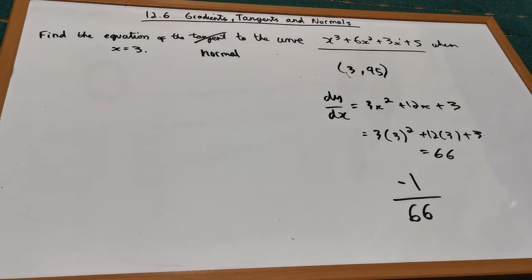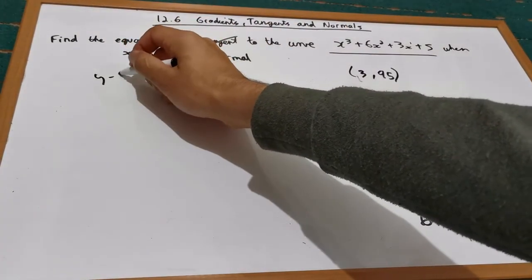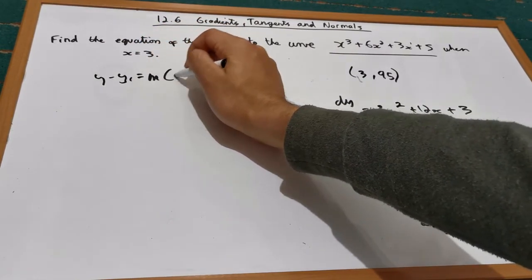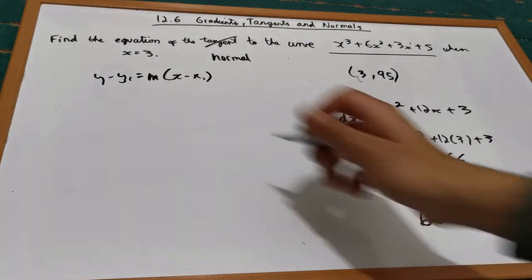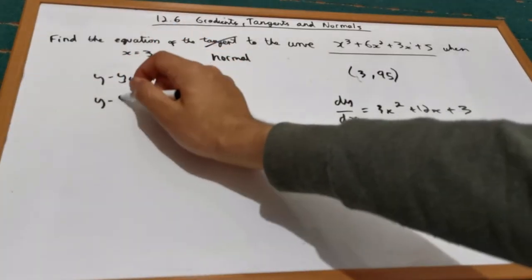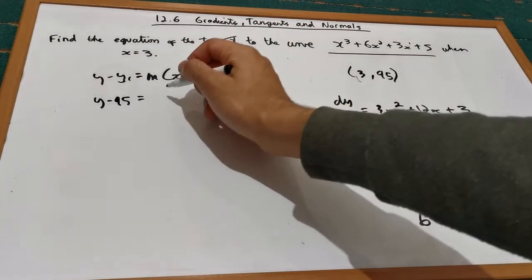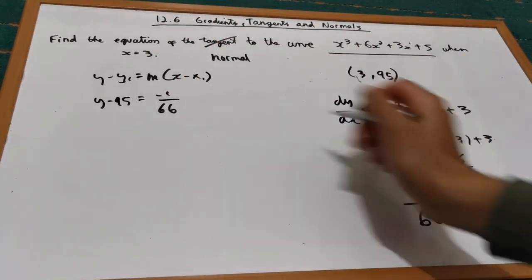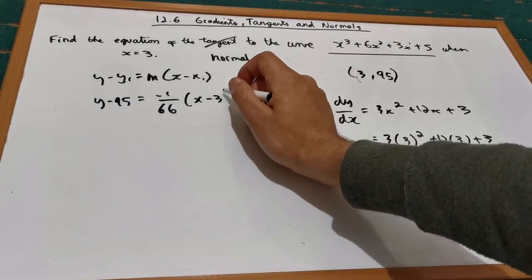So, what we can do now is, let's write out our equation. y minus y1 is equal to m bracket x minus x1. Substitute in our value, so y take away 95 is equal to m, which is minus 1 over 66, as that's a negative reciprocal of our value from here, multiplied by x, take away x1, and x1 is 3.